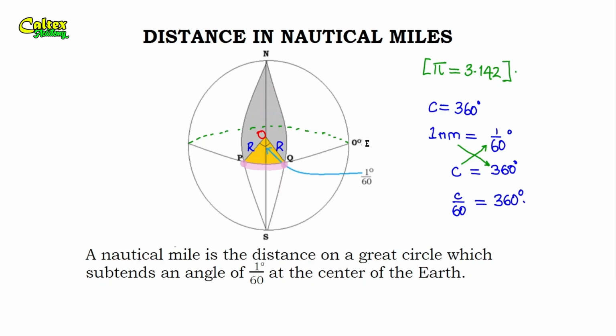The next thing is we can multiply both sides of this equation by 60, because we need to find only our C alone from here.